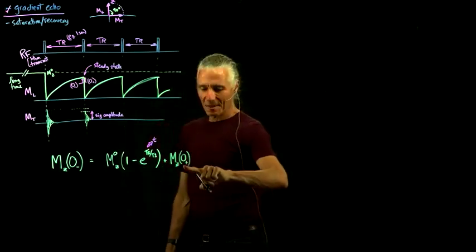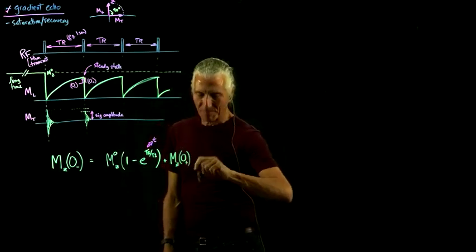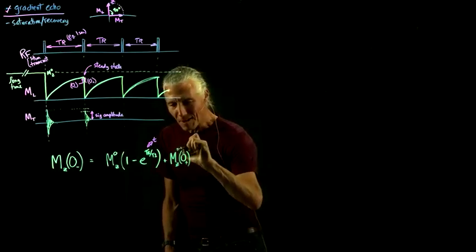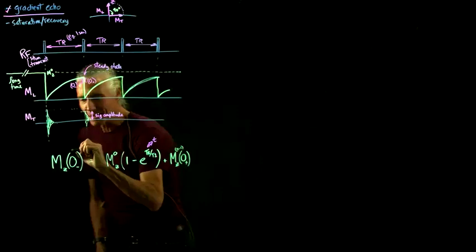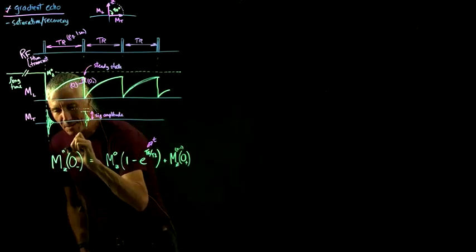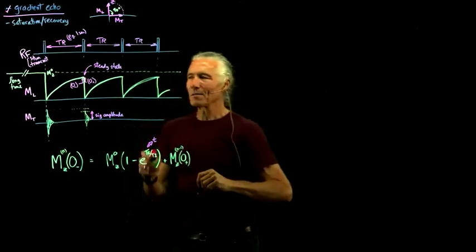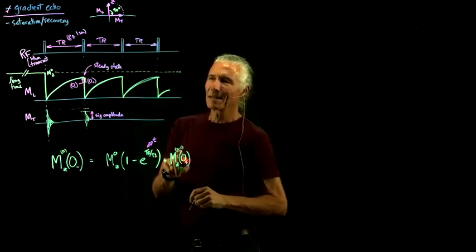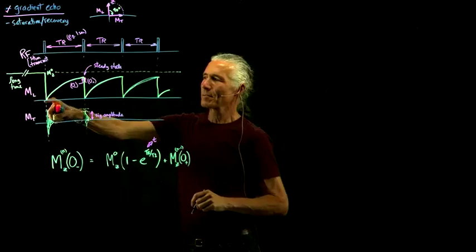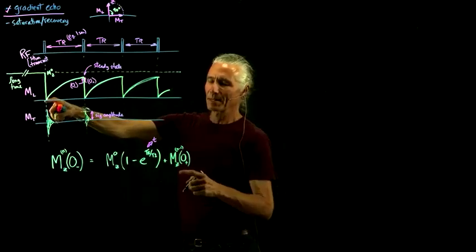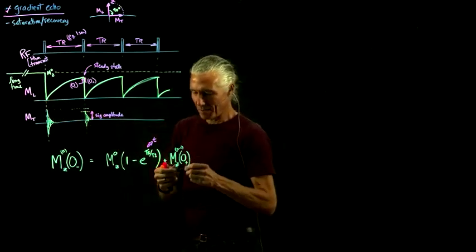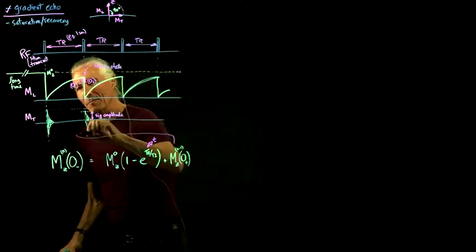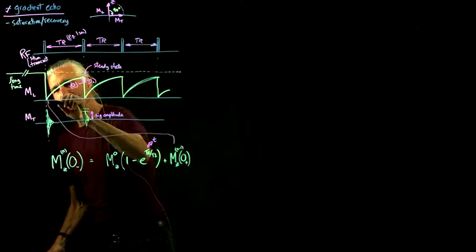This guy is the n minus 1 pulse, whereas this guy is the n pulse. So basically what we want to know is what magnetization we started with back here. That's what this thing is, so let's put an arrow. This guy is whatever magnetization we started with right after the pulse.